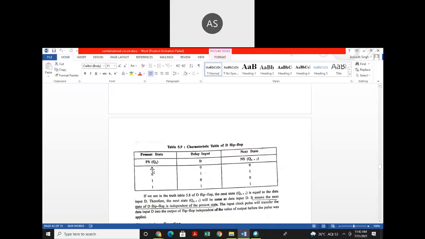If present state is 0, and if we give 0 input, we get always 0 output. It means in D flip-flop, we get the same output as we give the input. If we give 0 input, we get 0 output, and if we give 1 input, we get 1 output.